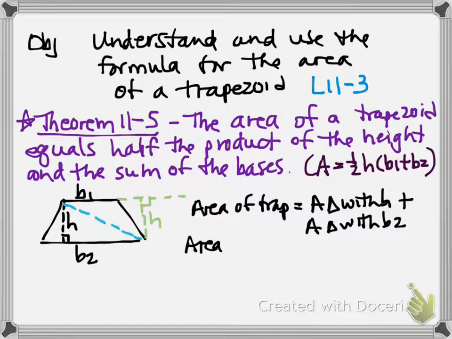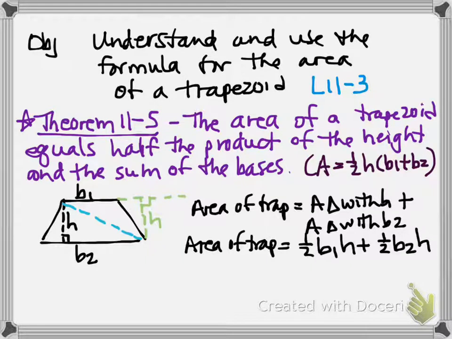So the area of the trapezoid is equal to 1/2 base 1 times height plus 1/2 base 2 times the height. So all I'm doing is figuring out the area of the triangle on top and the area of the triangle on the bottom.